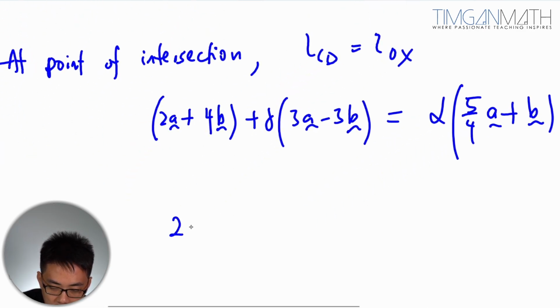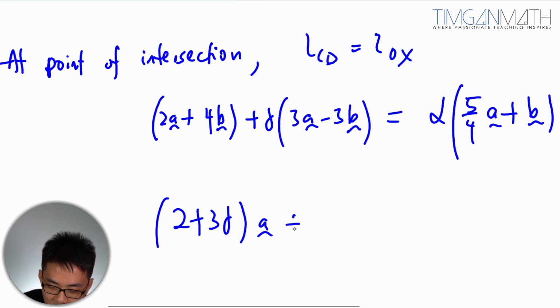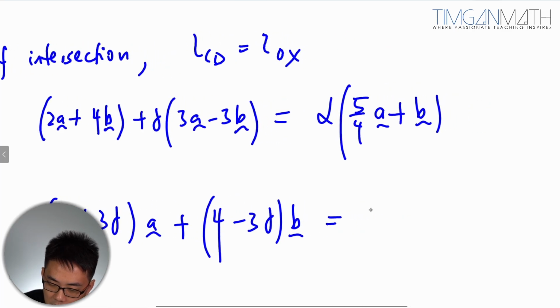So 2 plus 3 alpha, do what with this, the same thing as the first part. So 2 plus 3 gamma, sorry. Gamma, on the hindsight, my gamma and alpha looks the same. So it's not that good. 4 minus 3 gamma B, 5 over 4 alpha A plus alpha B.